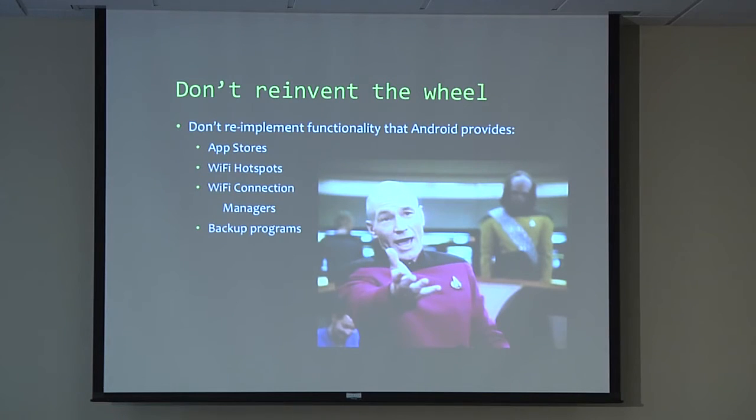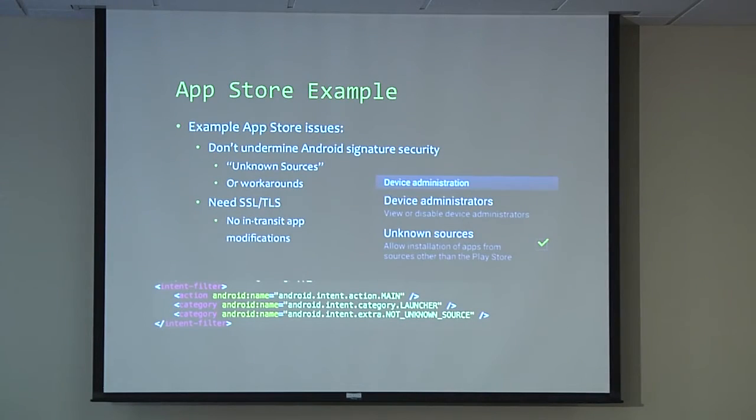So I'd harp on this later. Just basically, as an OEM or a carrier, don't reinvent the wheel. Google has a secure app store, provides a Wi-Fi hotspot, connection managers, etc. There's no need to create a third-party application to do that.